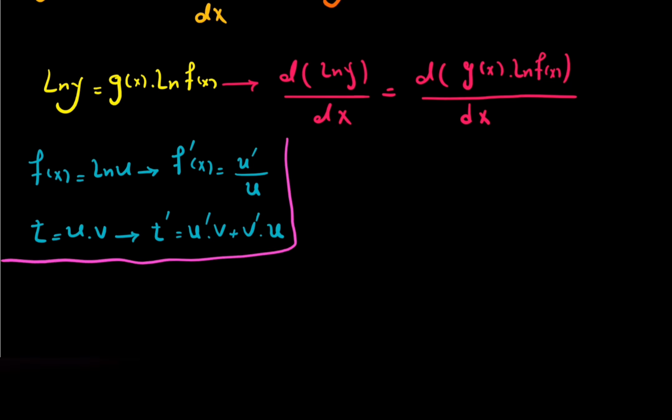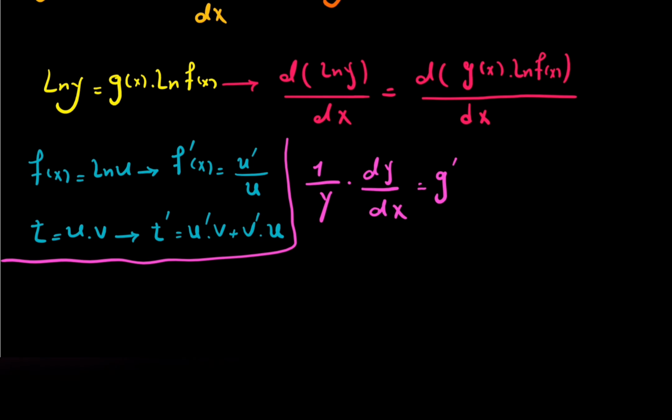So on the left side I can write 1 divided by y times dy divided by dx. Don't forget to write dy divided by dx. Why is that important? Because y is a function of x, so we have to take the derivative of y because that's a function. Don't forget to take the derivative.